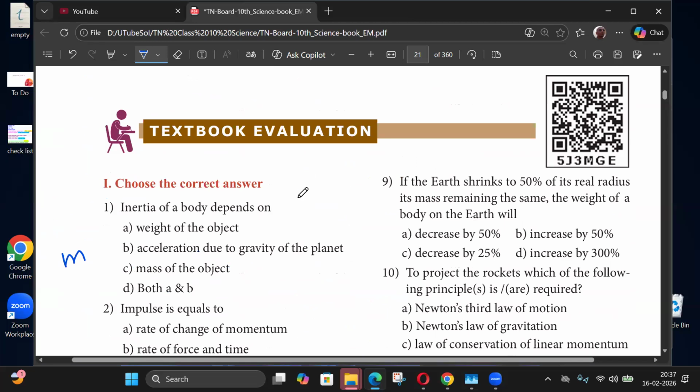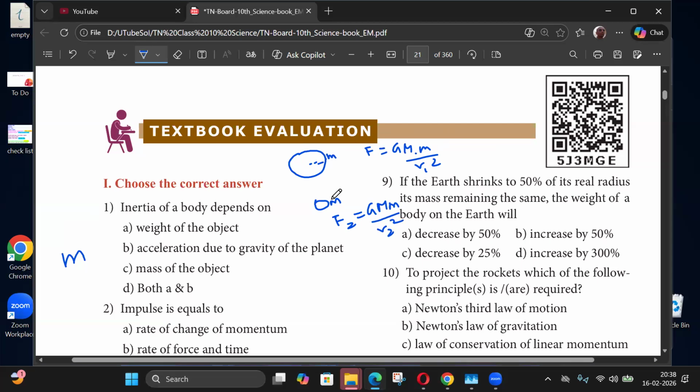What is the answer? Ninth one. Increase by, this is the percentage. This is the first case, this is the second case. The same mass you are putting on the surface. In the first case, the force will be G M into M by R1 square. R1 is this distance. In the second case, F2 will be, mass is same M, the second mass, this test mass also same, divided by R2 square.